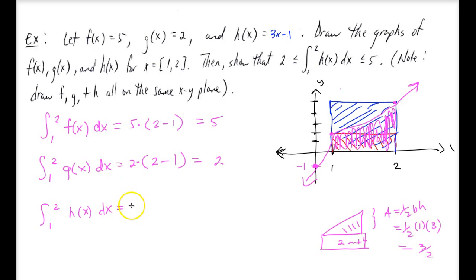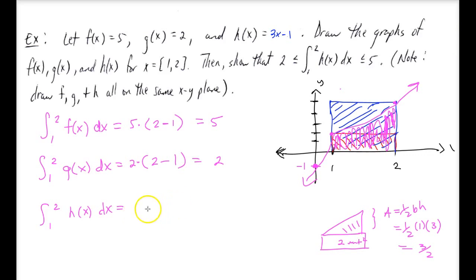So basically, we would have 1/2 times 1 times 3, which is 1.5 square units. And of course, that'll be added on to the 2 square units here. So I forgot to do that. Let me go ahead and get rid of this and try to account for that.